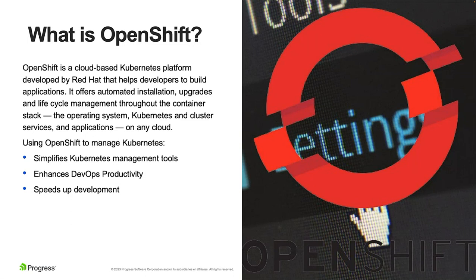So dev teams can shift their focus on enabling microservices that they need to develop applications faster. And it also streamlines CI/CD processes to improve release velocity. In short, OpenShift, along with Kubernetes, simplifies container stack management. It automates installation and upgrades and speeds up development workflows.